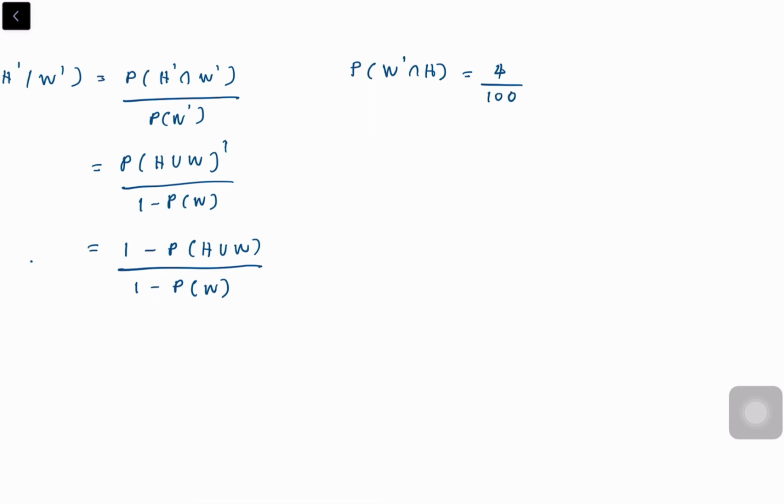As we can see from a Venn diagram illustrating W complement intersect H, let's say this is the event of W and H. The region that we're looking for in this case is this part.